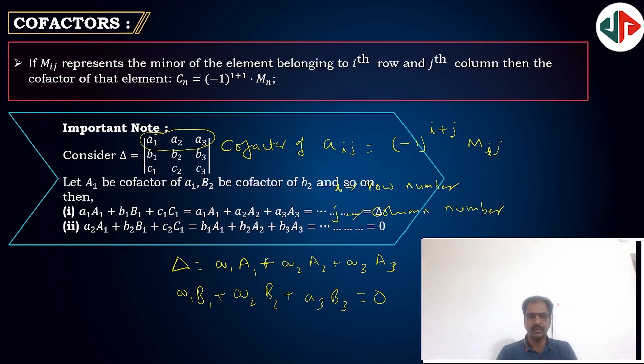So observe the difference between these two. If we consider a particular row and multiply those elements by their corresponding cofactors and add, that gives the determinant of the matrix. But if you consider elements from the first row and multiply with cofactors of the second row and add, then you get 0.